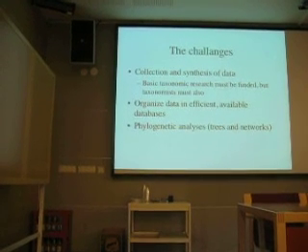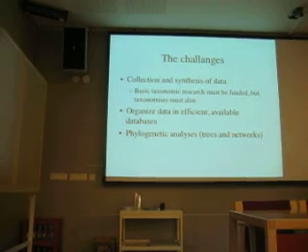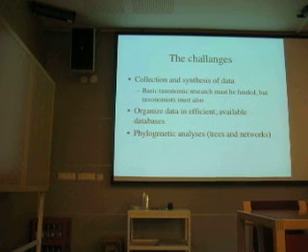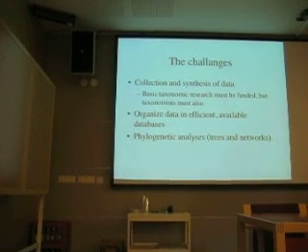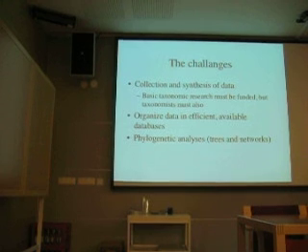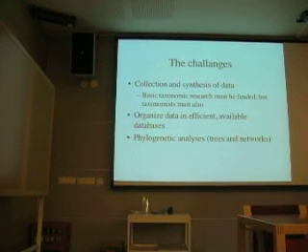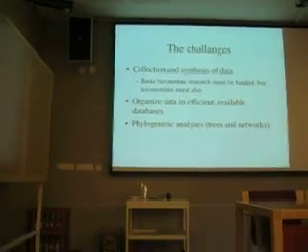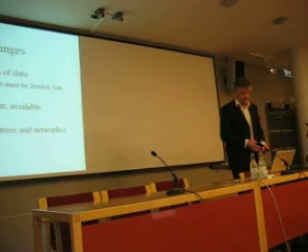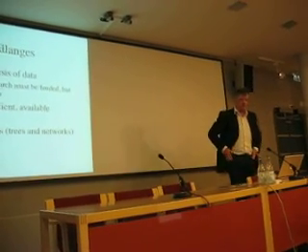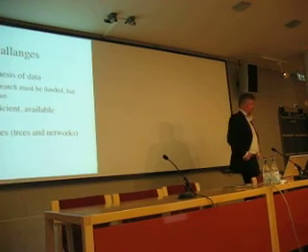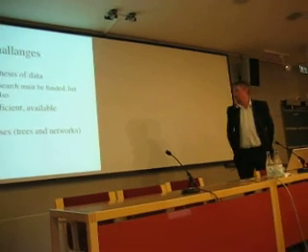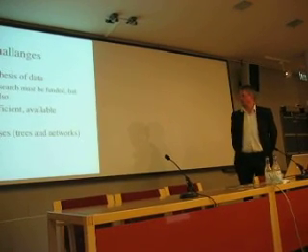And partly they're right, but the taxonomists must also organize the taxonomic data in efficient and available databases, available both for publication and data retrieval. And of course, phylogenetic analysis in the form of trees and networks, there's a lot to do given the really vast amount of information that we are facing.